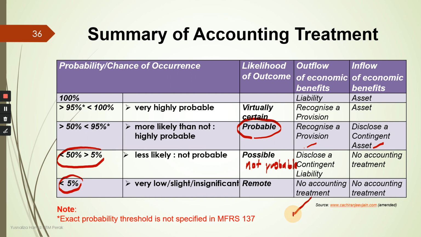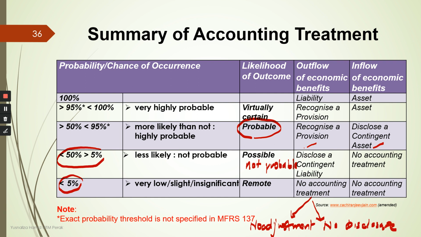When I say no accounting treatment, it means we do not need to do any journal entry, as well as there is no disclosure as well. No accounting treatment means no adjustment to the financial statement, and also no disclosure notes.